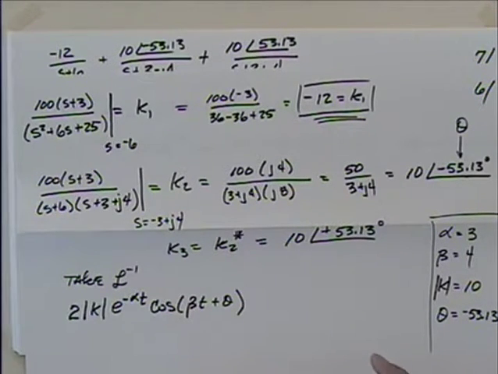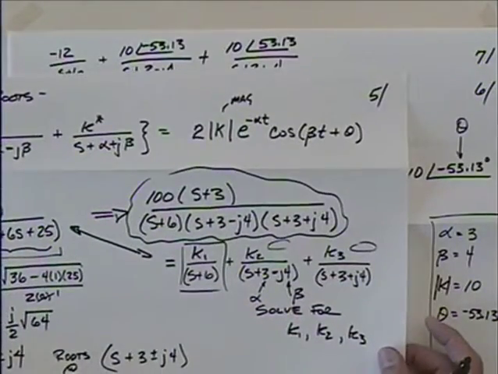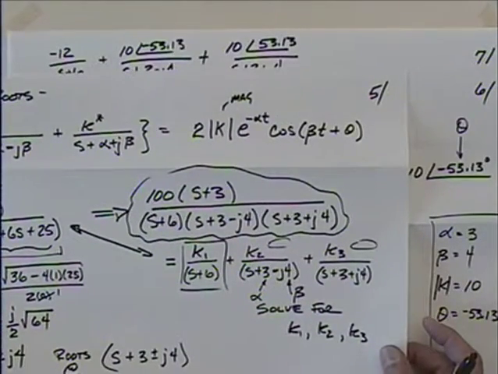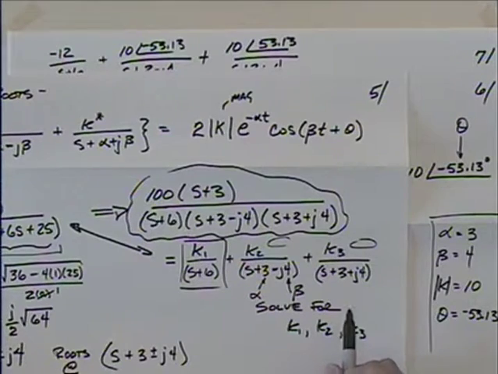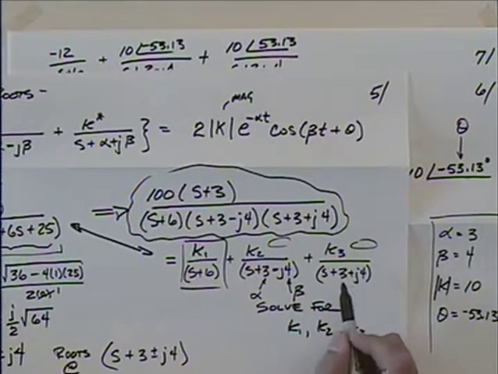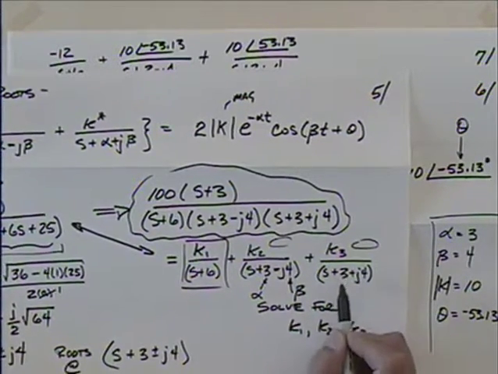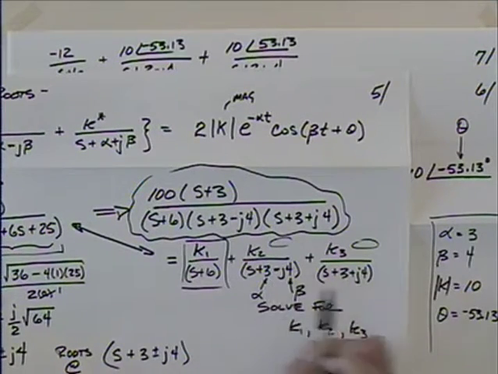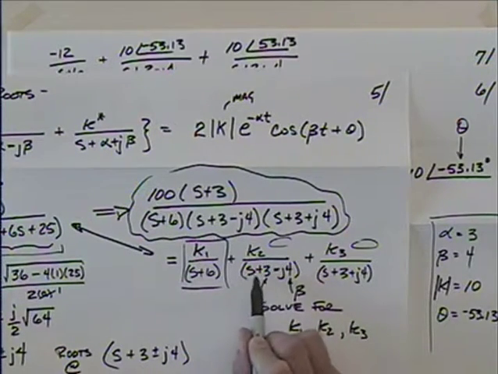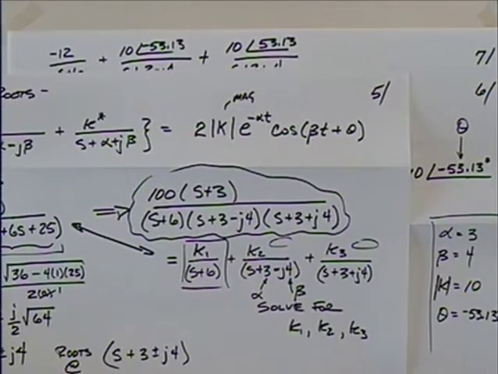If I changed my beta, well, I mean, you could write these in a different order, but then the root would be different and the answer would come out the same.